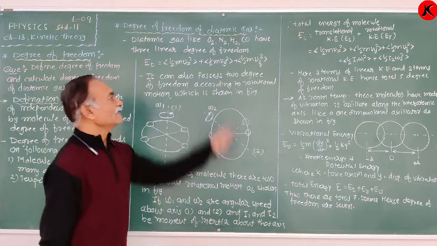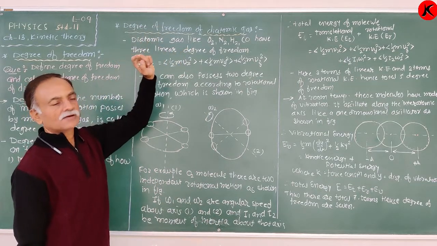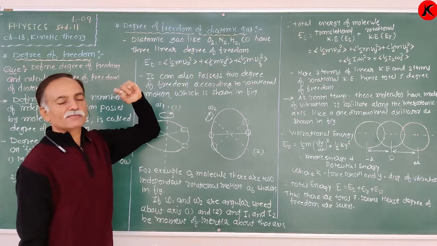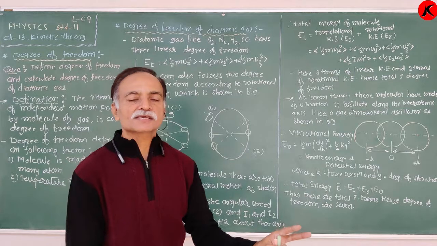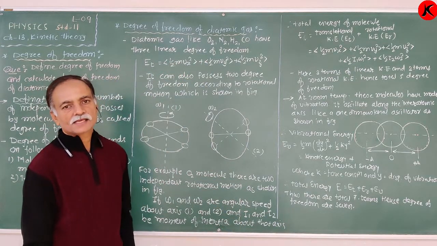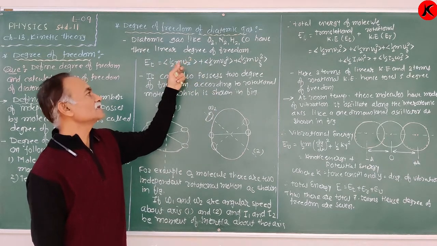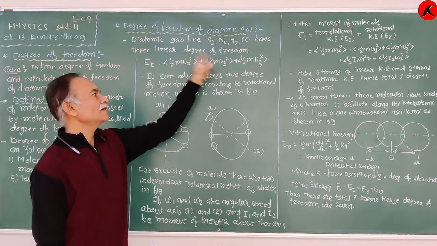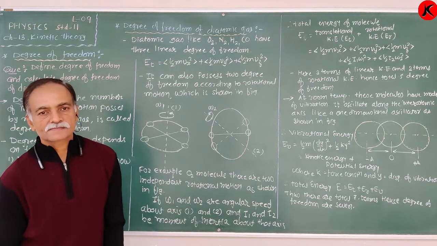Again, the diatomic molecule has linear kinetic energy for the linear motion. Due to the linear motion, the possibilities of independent linear motion are 3, along the x, y and z axes. Therefore, the total translational energy is half m vx square plus half m vy square plus half m vz square.